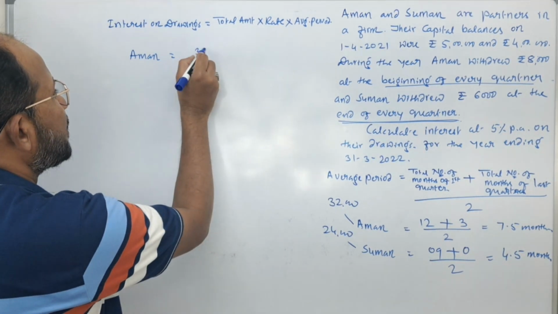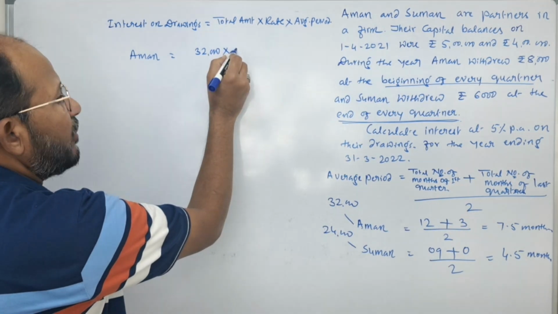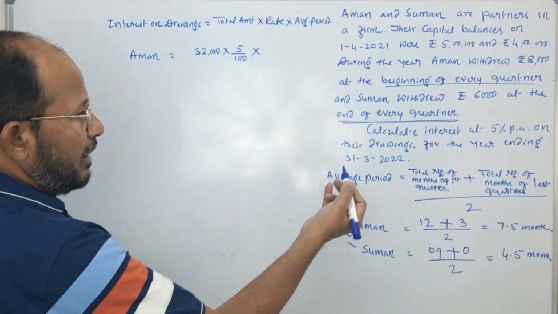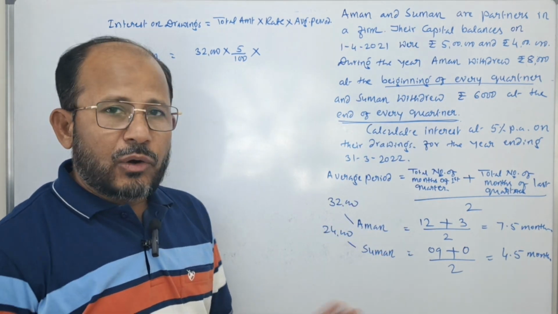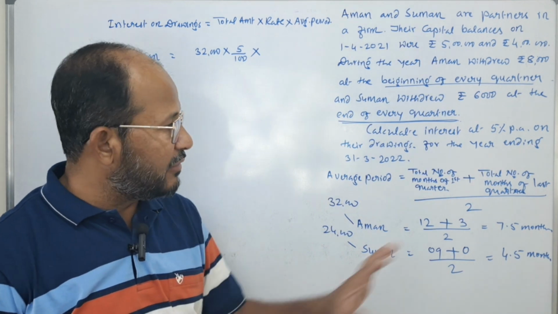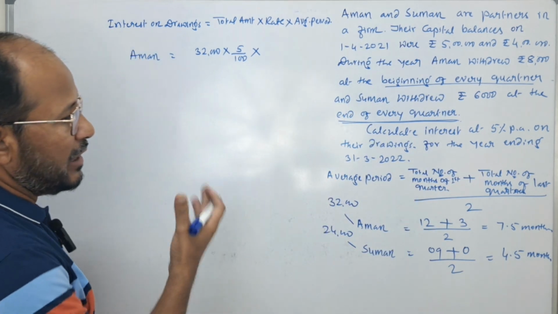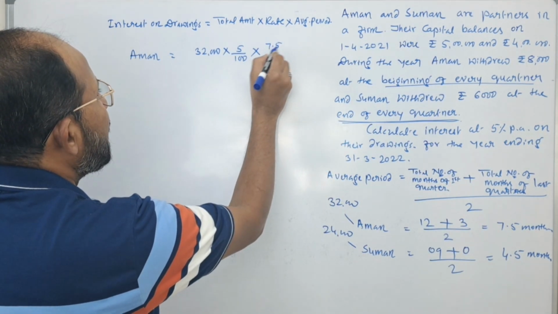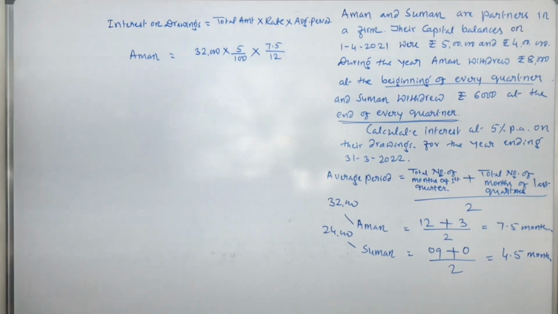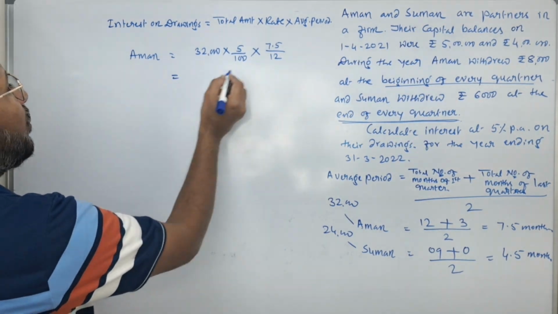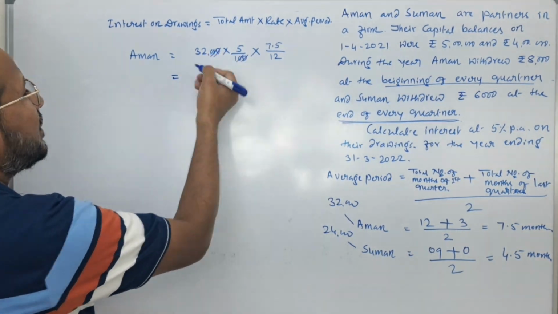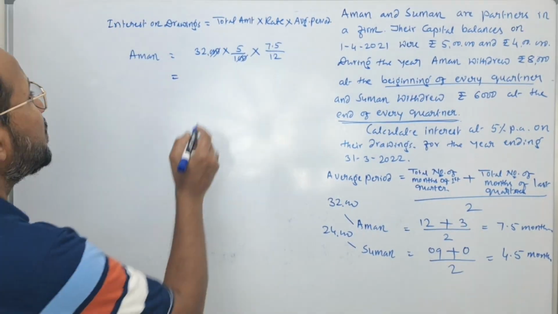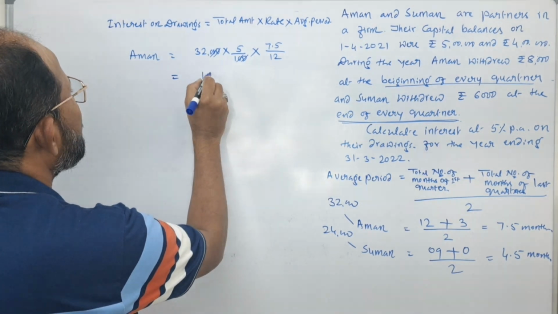Rupees 32,000. What is the rate of interest? 5% is there. It is given in the problem. And the average period we have already calculated. How to calculate the average period, that you have to remember. If this concept is clear, then easily you can calculate interest on drawings. His average period is 7.5 months. 7.5 is to be divided by 12. Now you simplify. Whatever result you get, that is nothing but the total interest on drawings of Mr. Aman. We are going to get rupees 1,000.